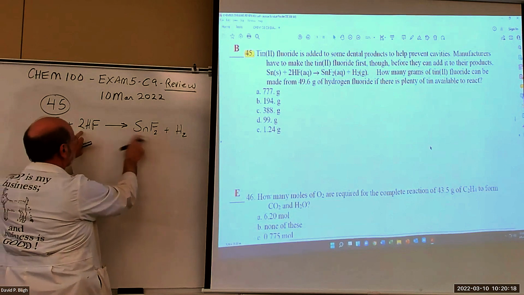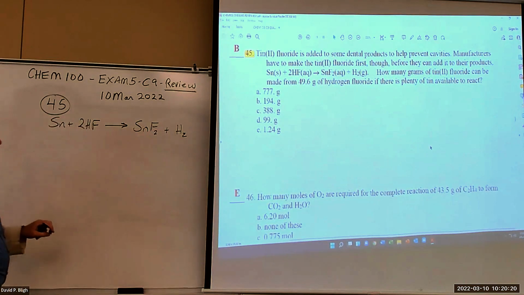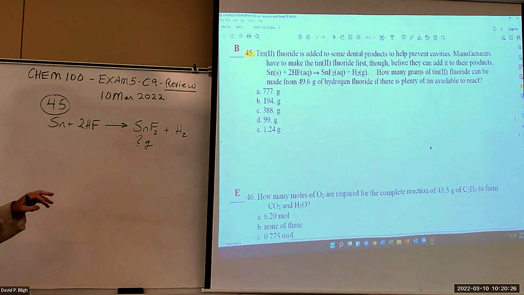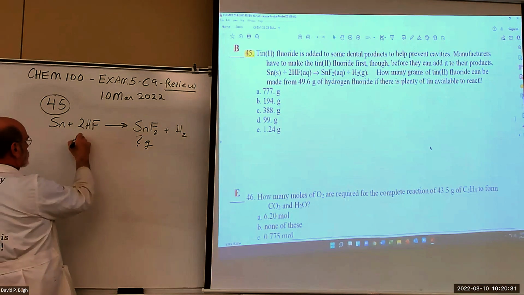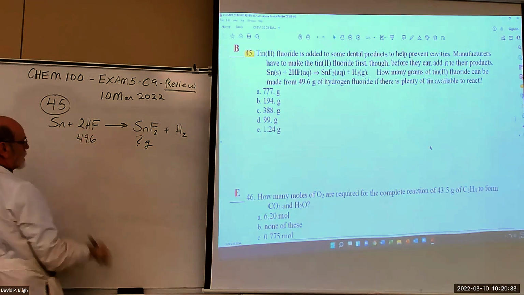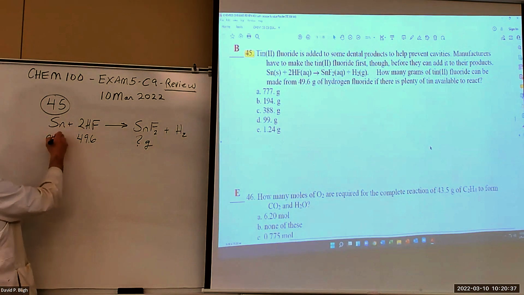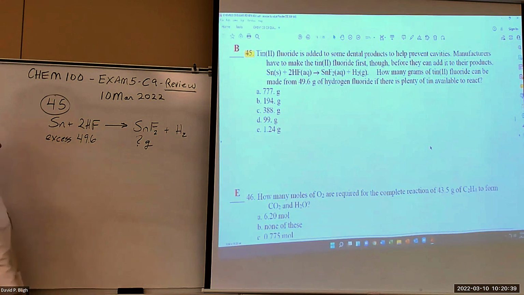Tin, 2 F, 2 hydrogens. Yeah, we're good. How many grams of tin(II) fluoride can be made from 49.6 grams of hydrogen fluoride, if this is in excess? There we go.